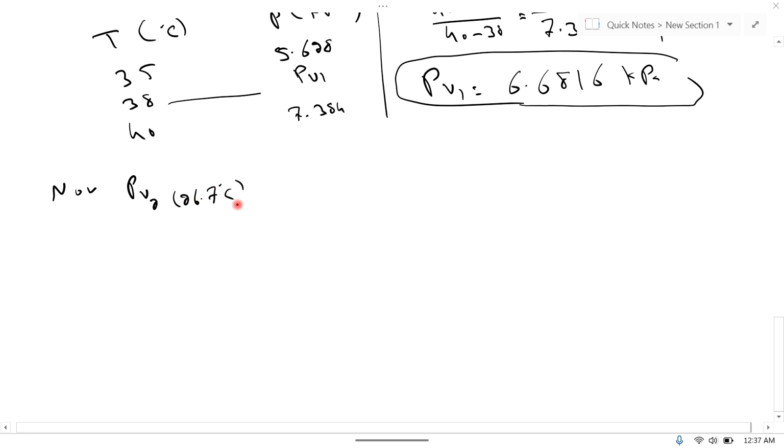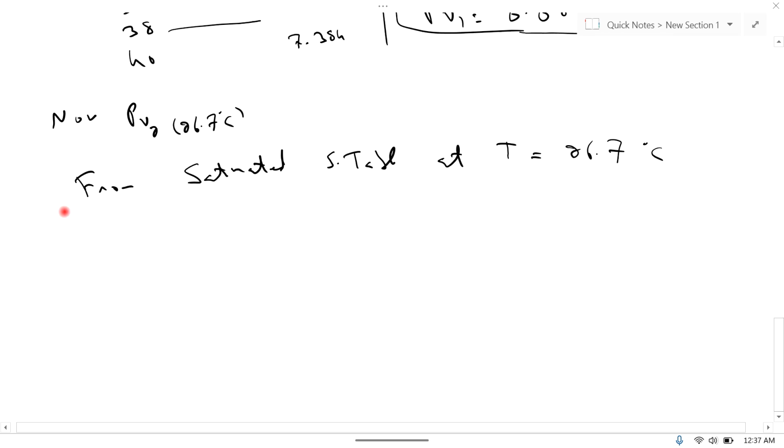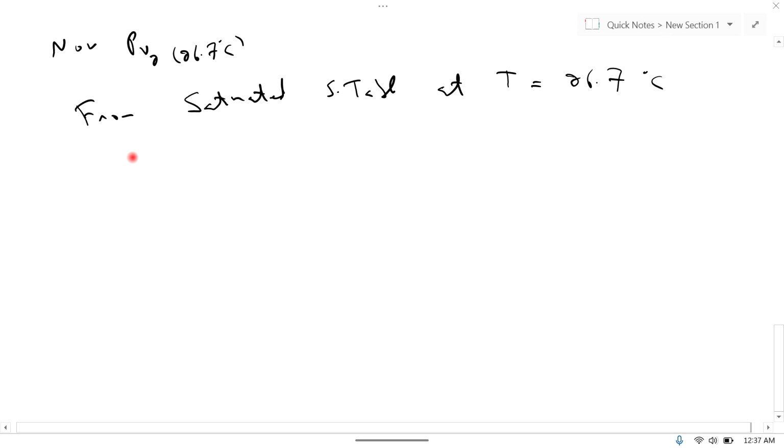So from the saturated steam table, at temperature equal to 26.7 degrees centigrade. Just like above, 26.7 is not available in the steam table. 25 degrees centigrade and 30 degrees centigrade are available, and we have to find pressure at 26.7.